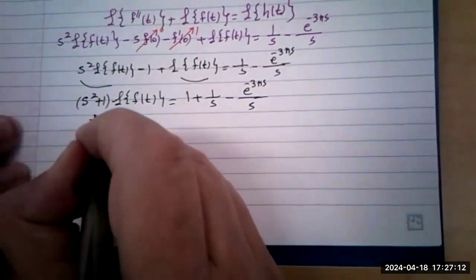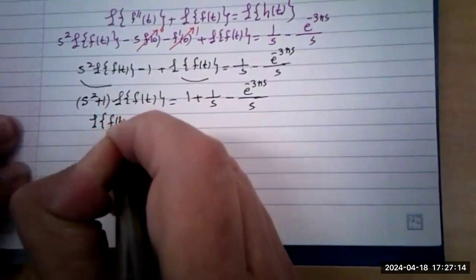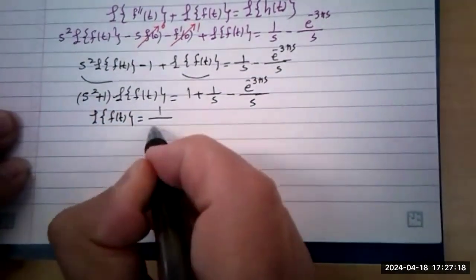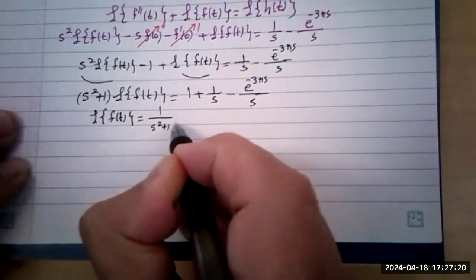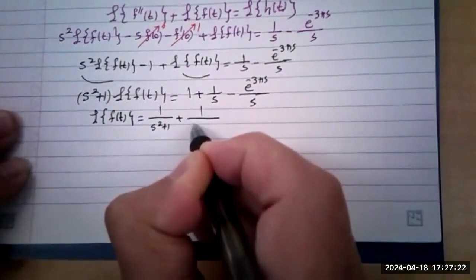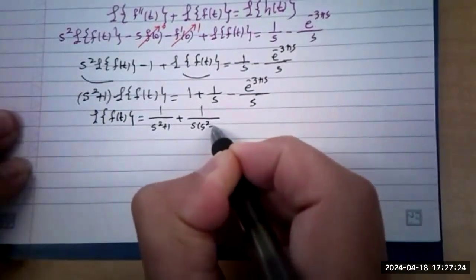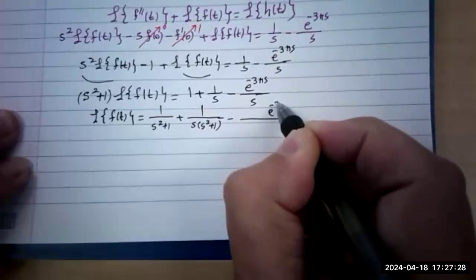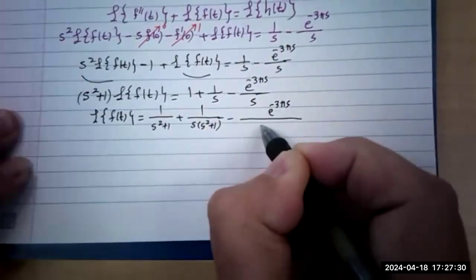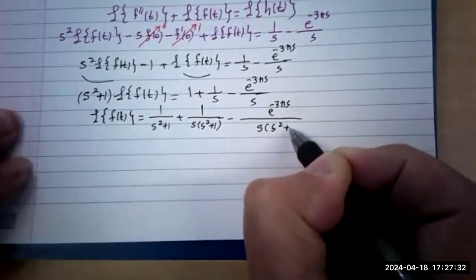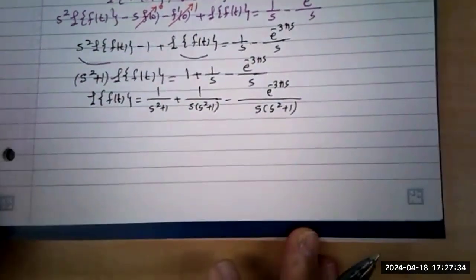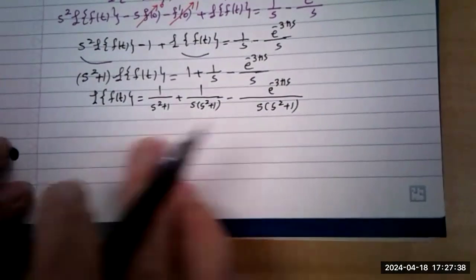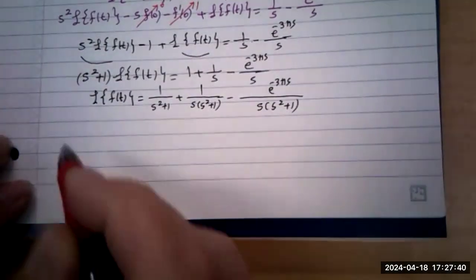Okay, so Laplace of f of t, just divide one by one. So it's 1 over s squared plus 1, plus 1 over s times s squared plus 1, minus e to the negative 3 pi s over s squared plus 1. That would be the leftover. Now f of t would be Laplace inverse of this.